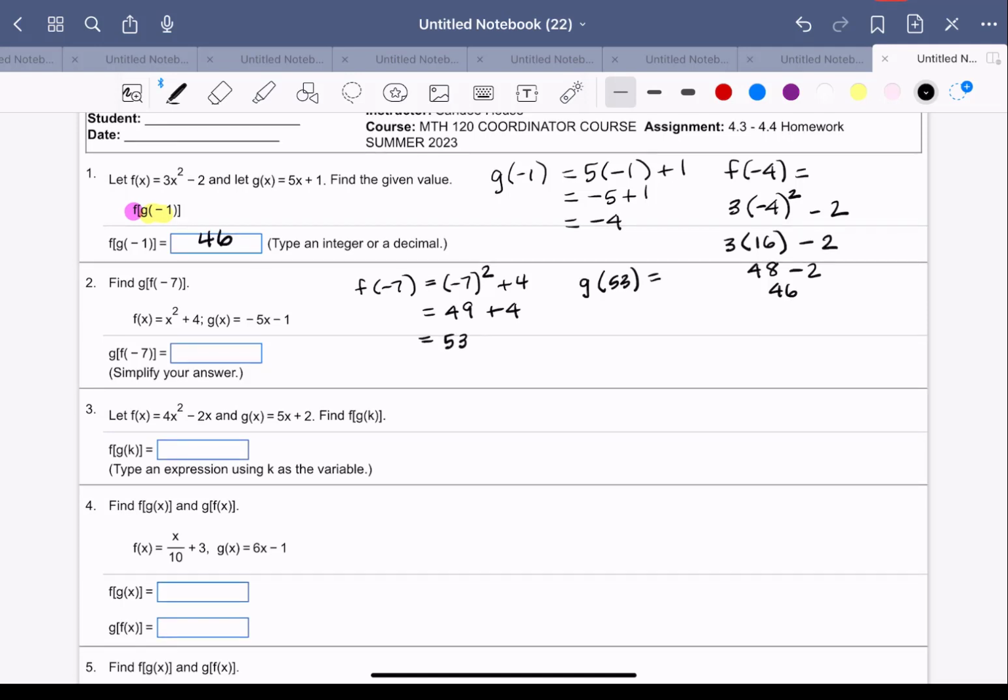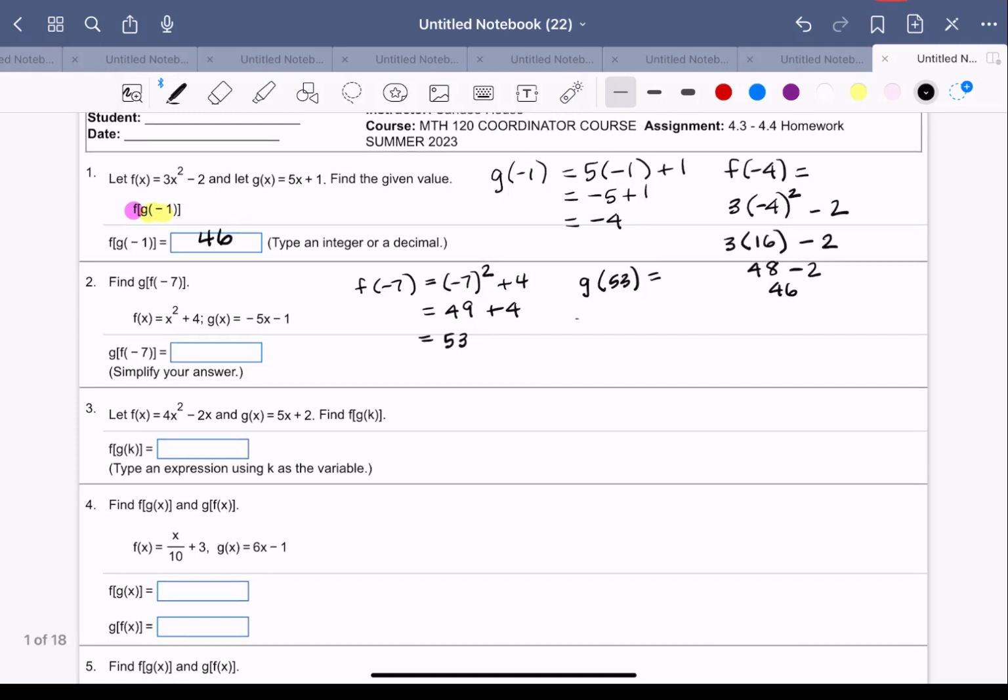And now we need to do g of 53. So that's going to be negative 5 times 53, subtract 1. Negative 5 times 53 is negative 265. Subtract 1 is negative 266.